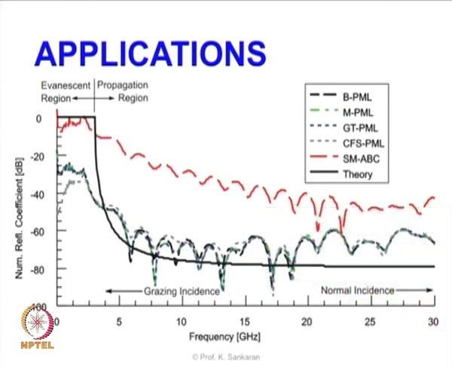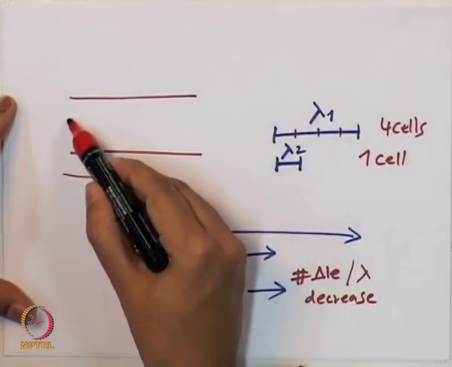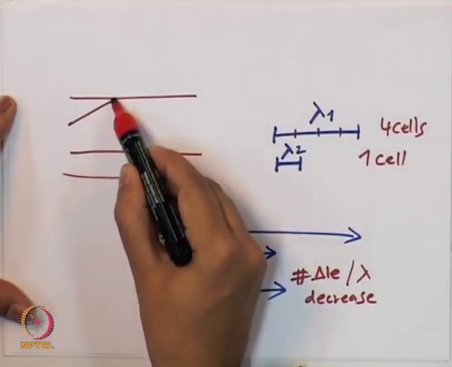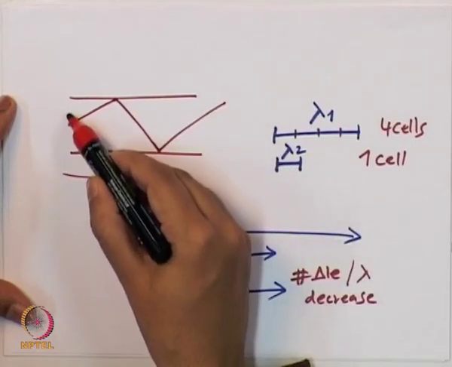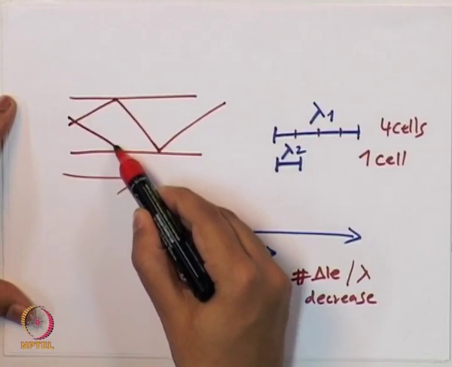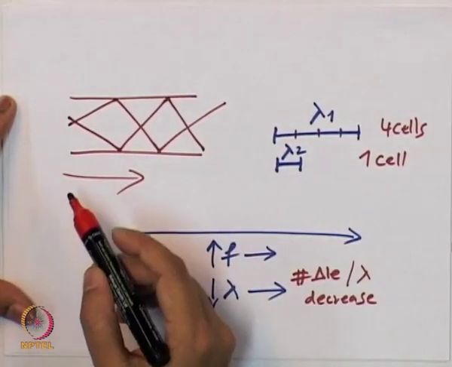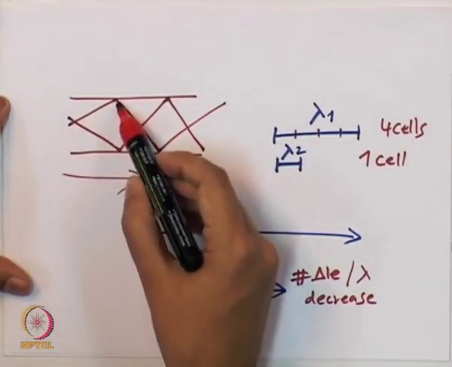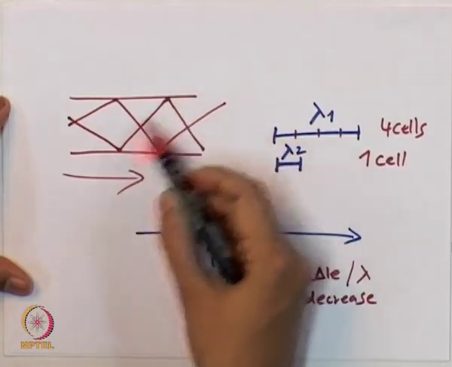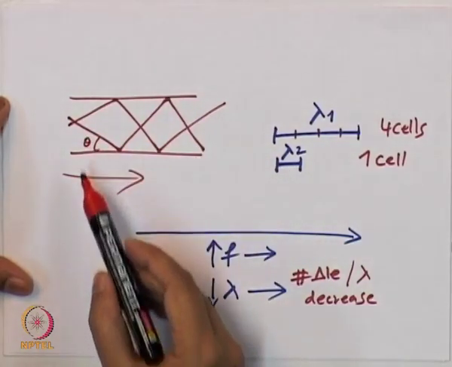When you are talking about a mode that is propagating in this direction, you are basically having these two waves. You can think of them as plane waves going in this direction, and then going in this direction. This is the theta. So this is the angle of incidence.